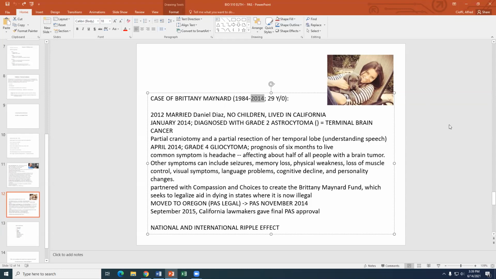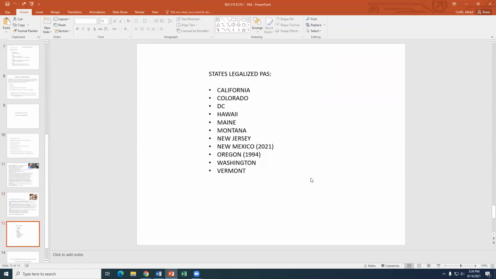It's like the whole state felt so guilty about Brittany having to leave her state and endure 6 months more of pain and suffering that then it went through. Okay, so you can see they're relentless and they are very cunning in how Compassion and Choices is going about this.